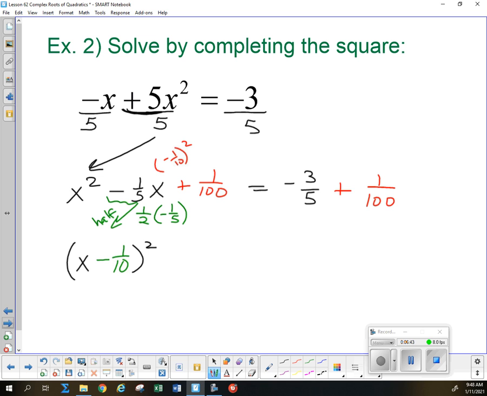So my left side is x minus 1/10 squared. My right-hand side, I need a common denominator before I can add those. So I'm going to multiply numerator and denominator by 20. So now on the right-hand side, I have negative 60/100 plus 1/100, which is negative 59 over 100.